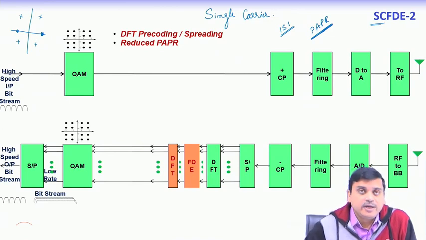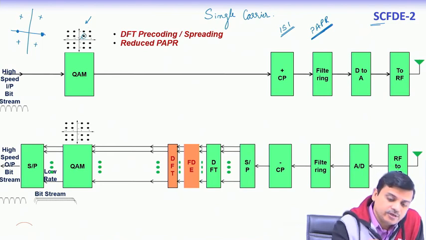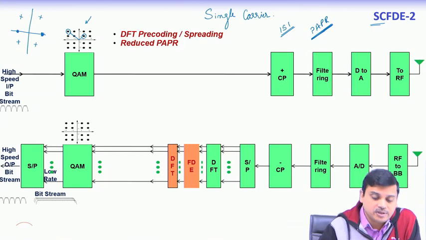But if we go for the next higher order modulation, as given in this particular picture, what you see is that the amplitude of this constellation point is different from the amplitude of this one. So, the constellation itself brings in a peak to average power ratio.